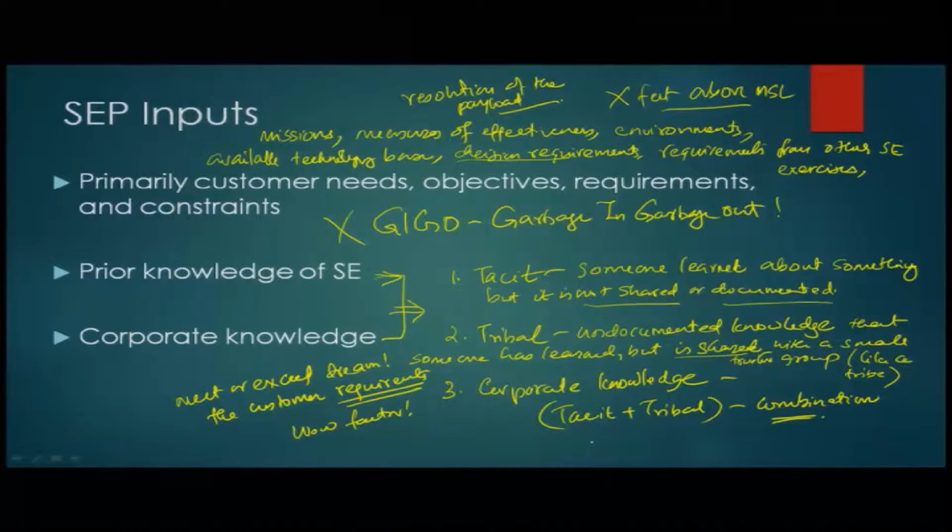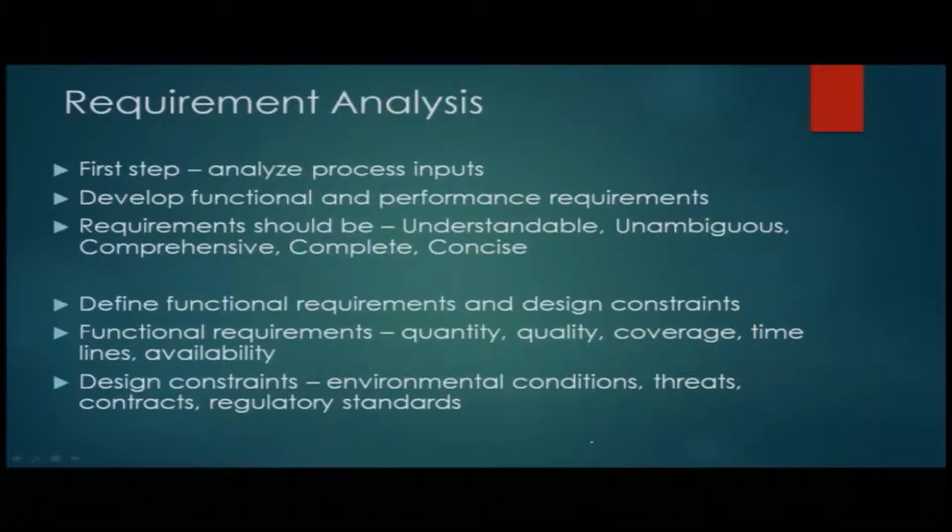This is probably the first and foremost, the most important activity a systems engineer would do. Then we move into the next one, what we call requirement analysis. In a simple way, the aim of requirement analysis is to develop the functional and the performance requirements.